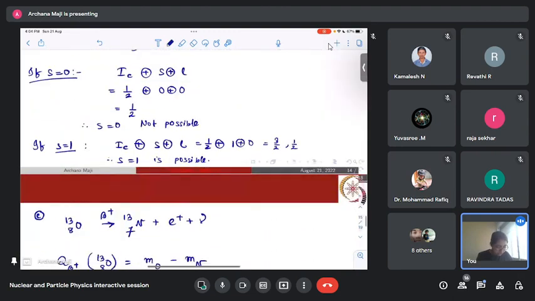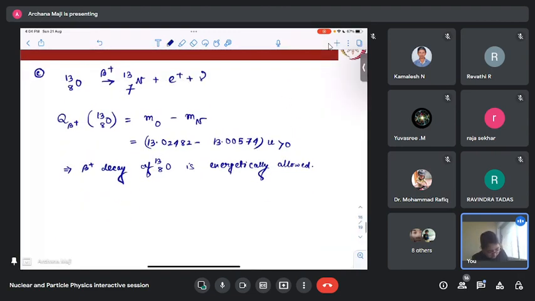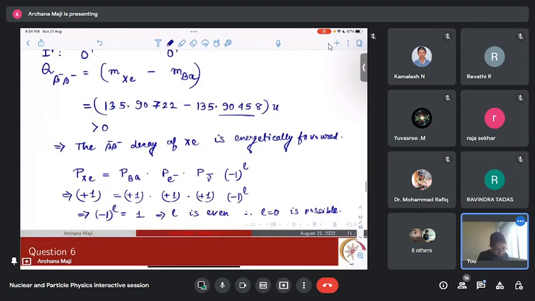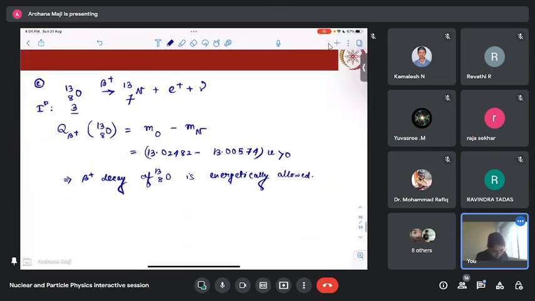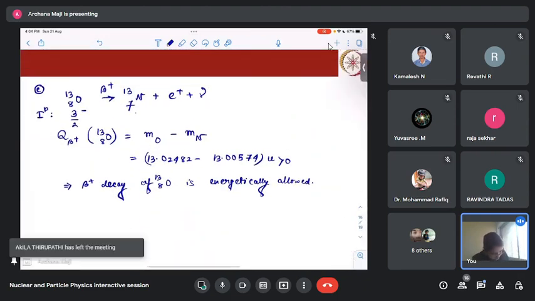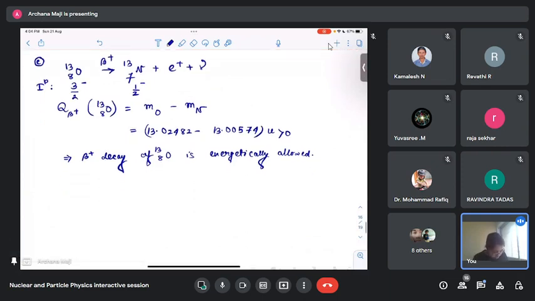For that we first see the parity conservation. Oxygen was 3/2 minus, I guess. Yes, 3/2 minus, and then nitrogen is half minus. Half minus and half minus, so no change in parity.